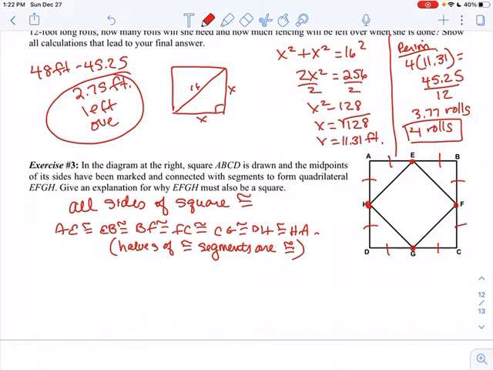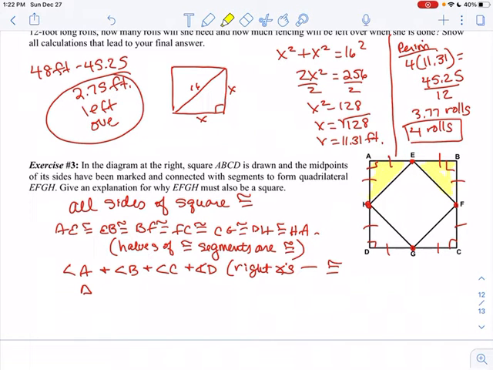All right. Now, a square also has right angles. So angle A, angle B, angle C, and angle D are right angles. Therefore, they're all congruent to each other as well. So each of these triangles, let me highlight them.